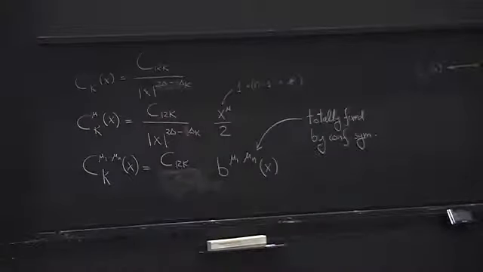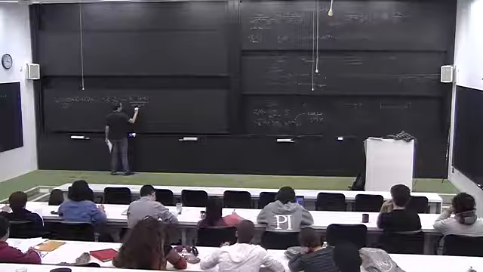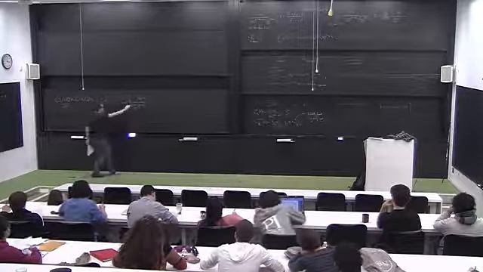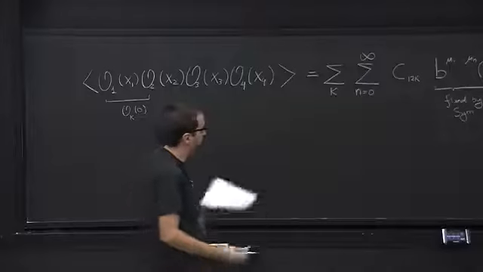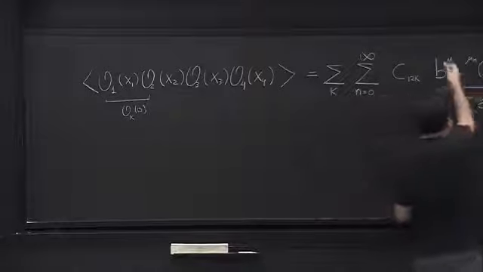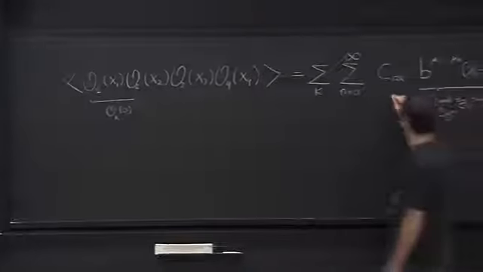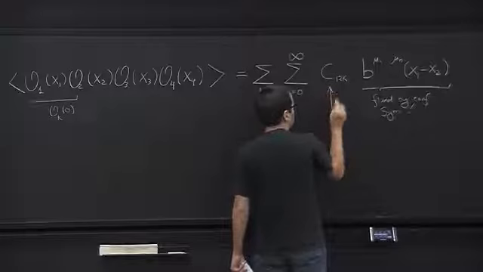So there is some C_12k, and then there is some b, which I know, mu_1 up to mu_n, which is a function now of x_1, x_2, so of x_1 minus x_2. Again, very important to emphasize. This guy is fixed by conformal symmetry. Okay? So this is fixed. This I know what it is. It is some function that I know what these guys are. This is not fixed. This is the interesting part. This is the dynamical part.